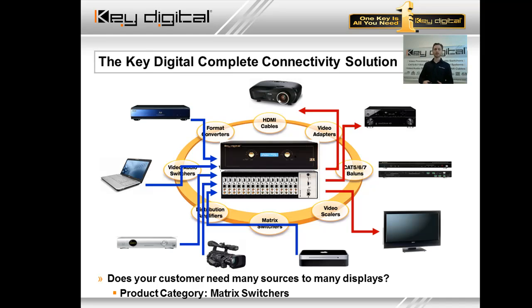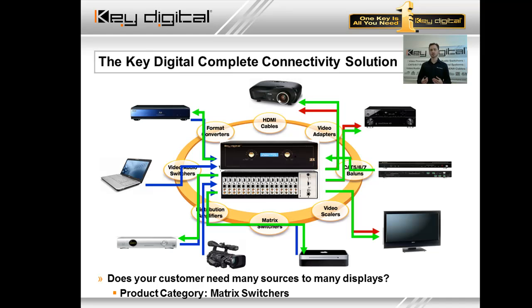Now, the advantage with Key Digital here is, as you see, we have a control processor. You feed that control processor into the Key Digital matrix switcher, and a majority of our matrix products are now able to act as an extension of your control system, not manipulating or creating the signals in any way, but actually treating them as a matrix, where the IR or RS-232 control signal is a source, and the device to be controlled, whether it be a Blu-ray player, set-top box, projector, flat panel, etc., is the destination of that control.